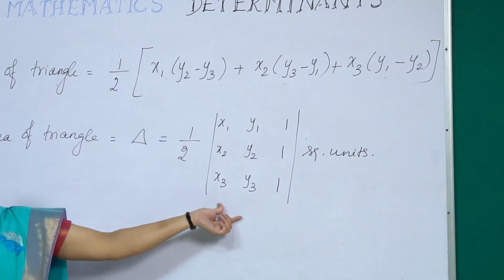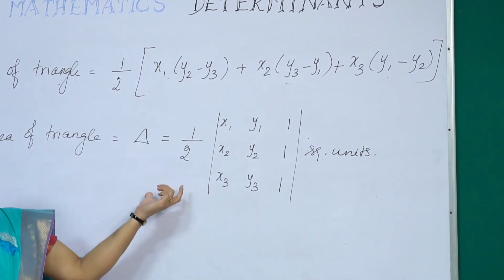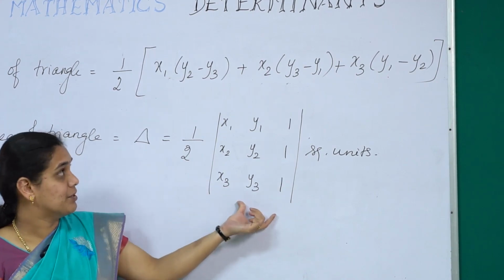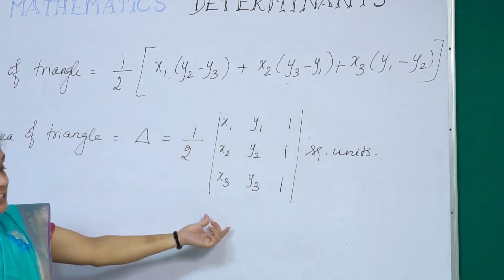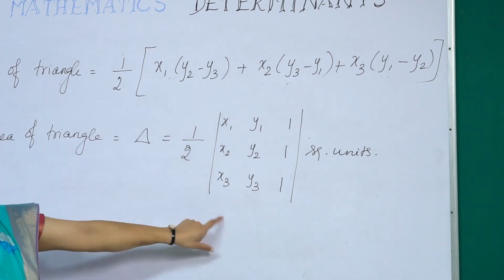If you expand this determinant, how we learned earlier, you will get this formula. Now, it is easy for us to remember. The same formula, we can use it like this.